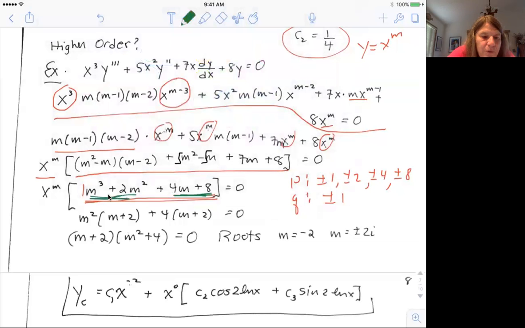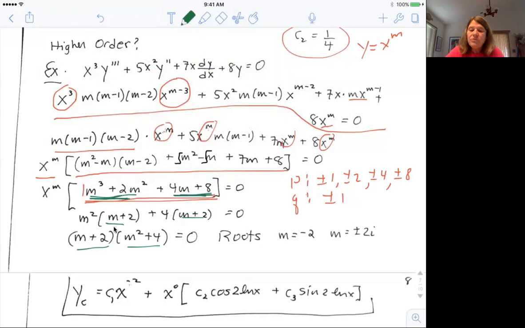You'll see that if you pull out an m squared from here, you'll get m plus 2. If you pull out a 4 from there, you'll get m plus 2. Then there's an m plus 2, a common factor that I can also pull out, and I'm left with that. Okay, so that's a nice thing. I didn't have to use the rational root theorem there. I didn't have to use synthetic division. It came out nicely because it factored by grouping.